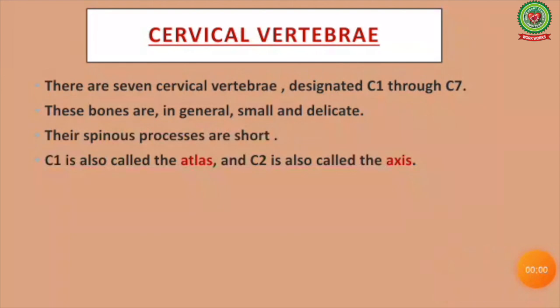Now the first one is the cervical vertebrae. There are 7 cervical vertebrae designated as C1 through C7. These bones are small and delicate. Their spinous processes are short. C1 is also called the atlas and C2 is also called the axis.